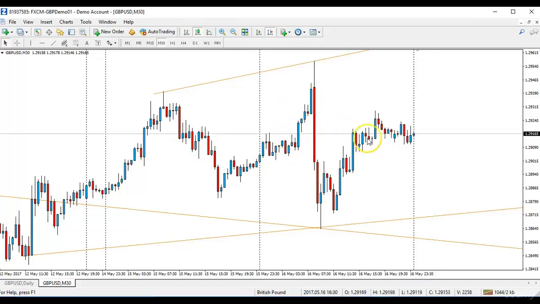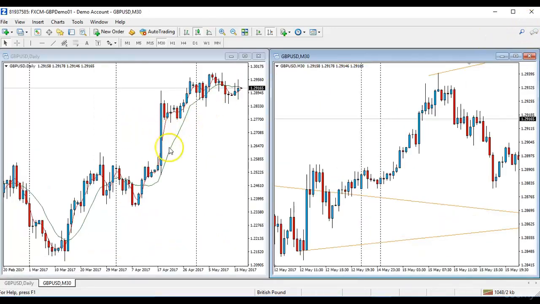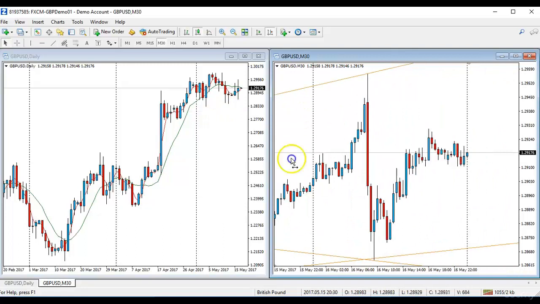So all these 30-minute candles here designate 24 hours. And on the daily chart, this designates a whole month. So this is April, this is May, and this is the 16th of May. So this 30-minute chart is represented by what happened yesterday.